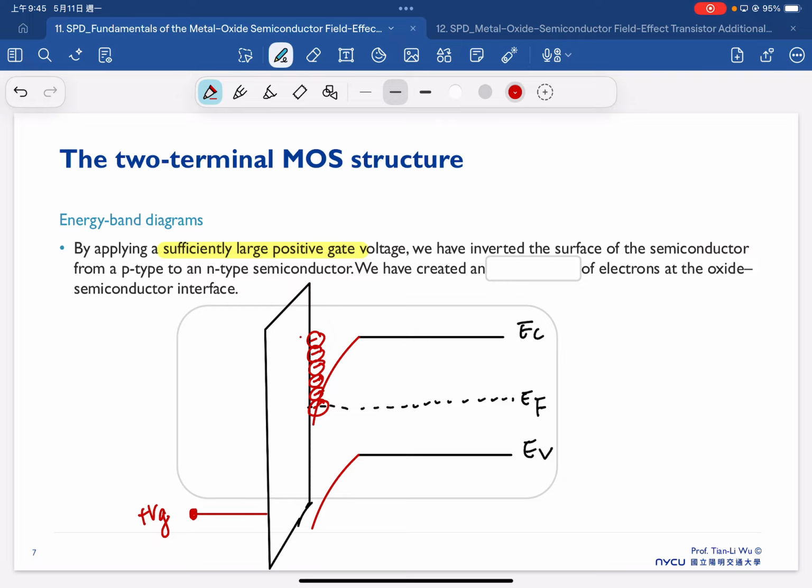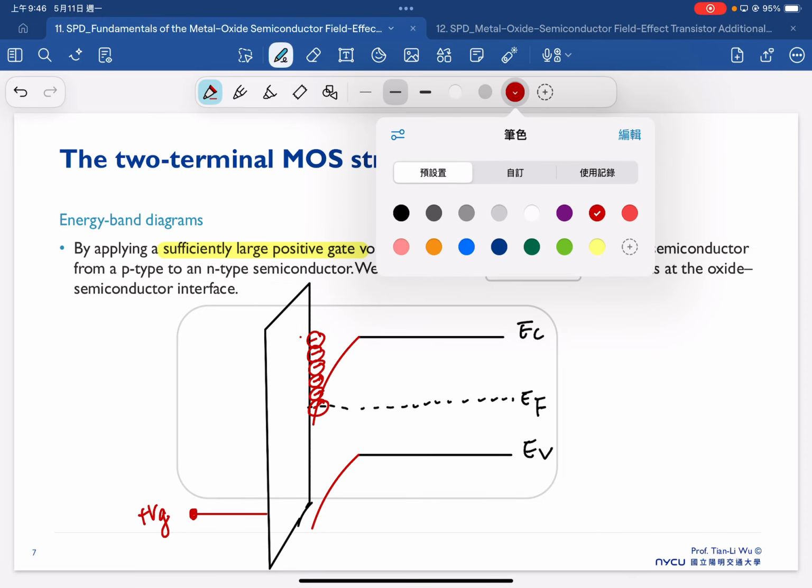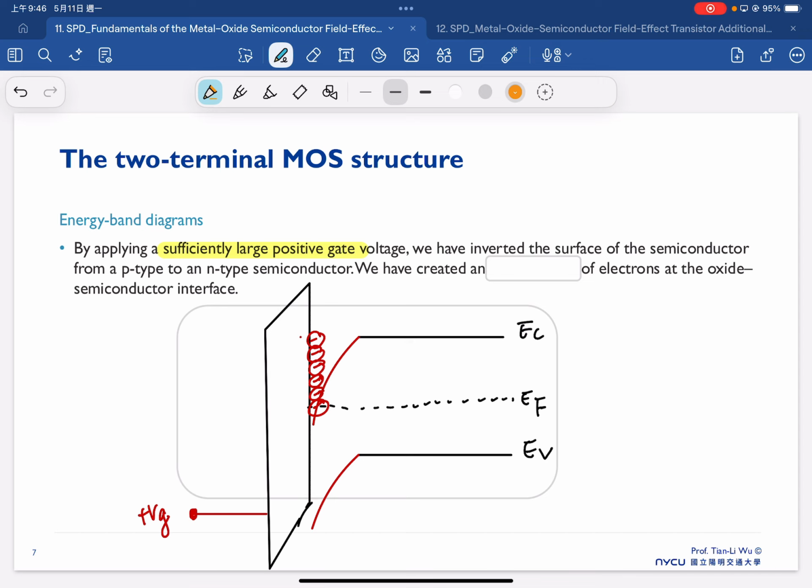So that's why the text says we have inverted the surface of the semiconductor from p-type to n-type, which we normally call an inversion layer.